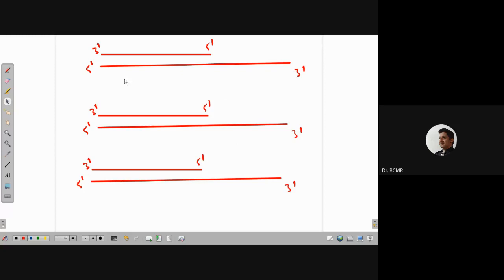Okay. What the telomerase does is something like this. The RNA component of telomerase will be bound here like this. If there is a sequence, it will bind something here.